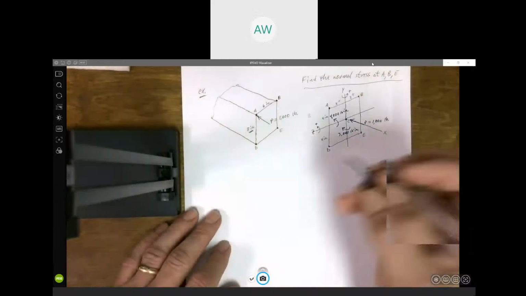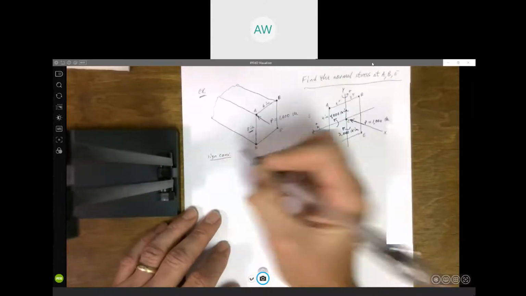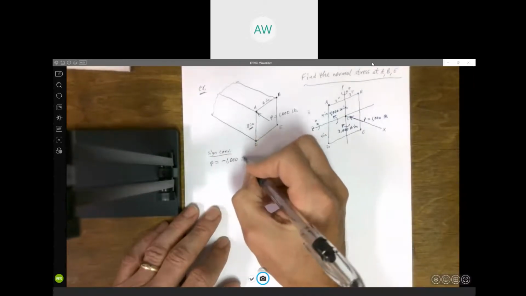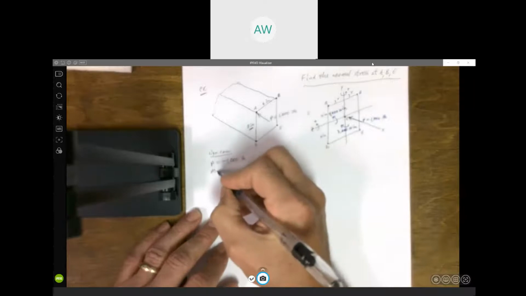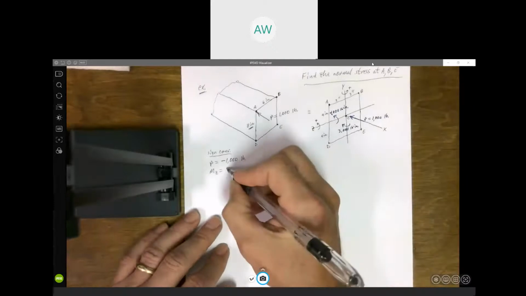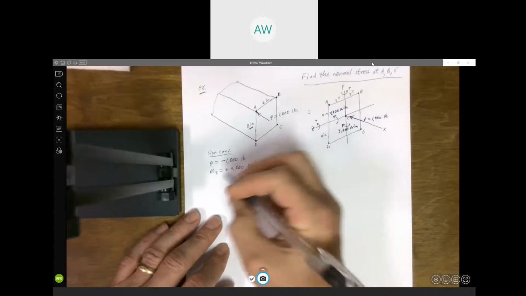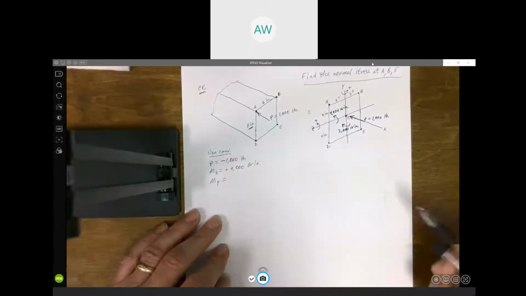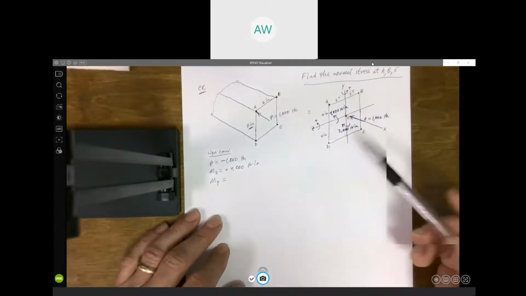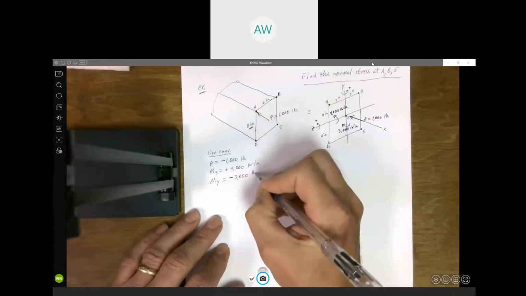So if we're doing sign convention here, P would be a negative 1,000 pounds. Mz, if it's in this direction, is positive. It would be a positive 4,000 inch pounds. My, if this is the positive direction, our moment's in the opposite direction. That is a negative moment. So minus 3,000 inch pounds.